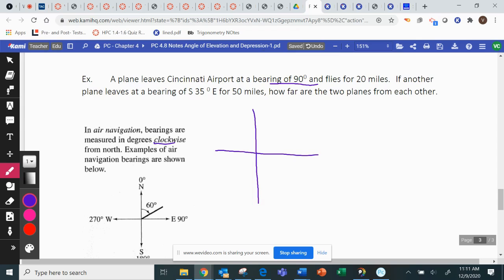So we've got a plane that starts north, goes 90 degrees. So this plane is just like here. It flies for 20 miles.